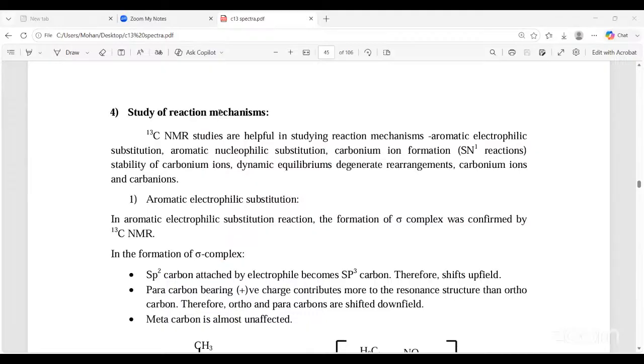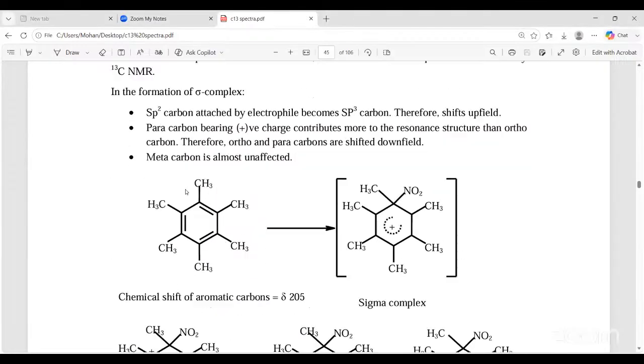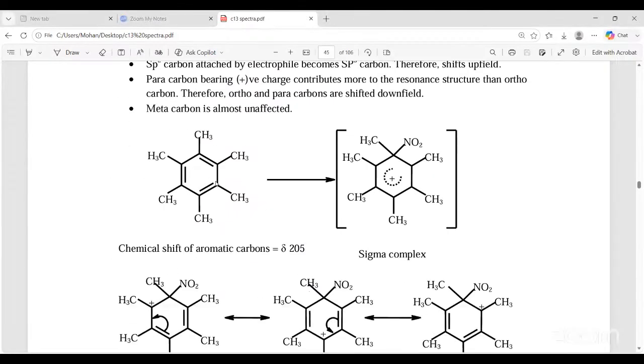And also you can study the reaction mechanism with the help of the C13 spectra.